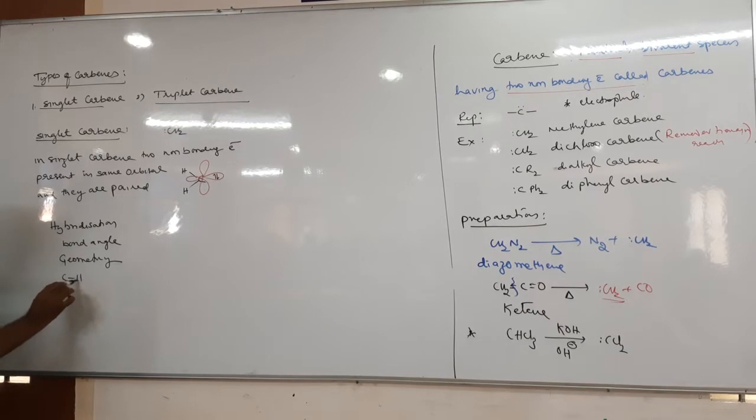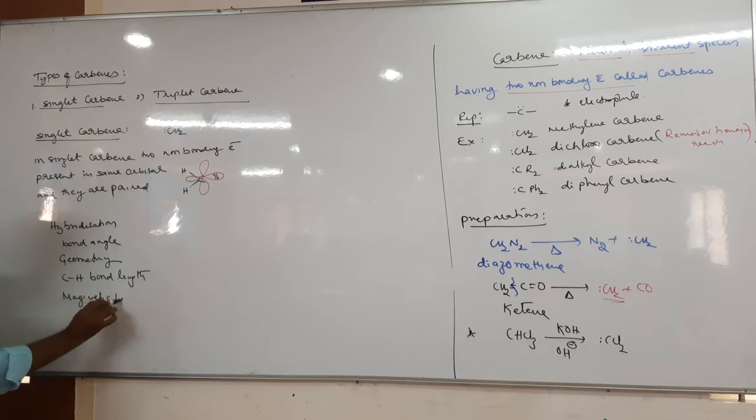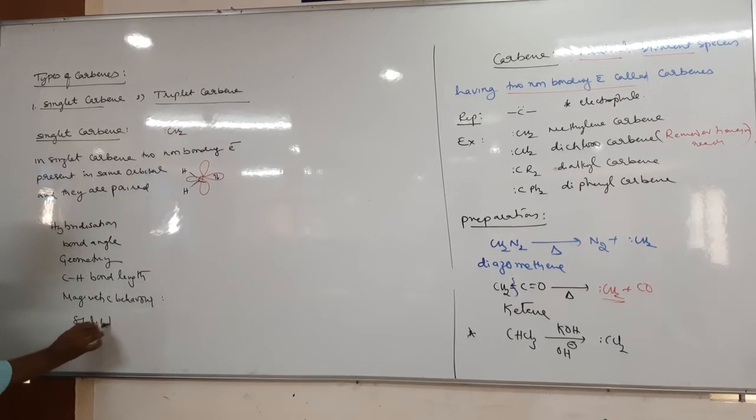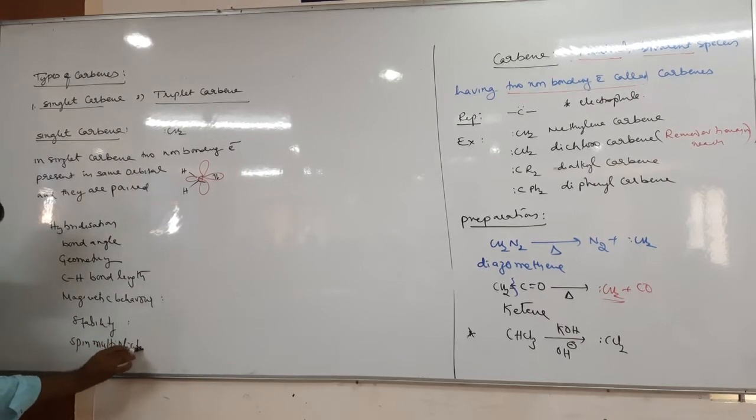Next, CH bond length. Next is magnetic behavior, stability, then finally spin multiplicity.